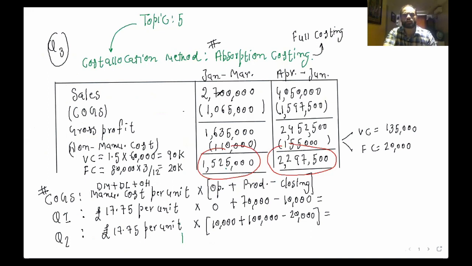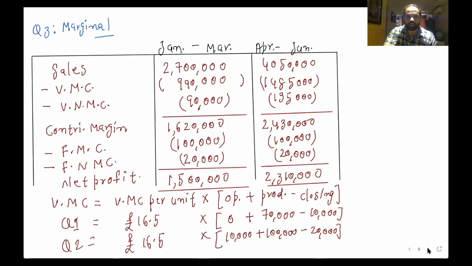The reason is that obviously under absorption costing, manufacturing cost per unit involves fixed cost, but under marginal costing, variable manufacturing cost here is 16.5.